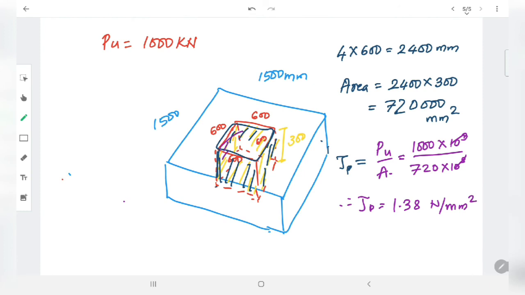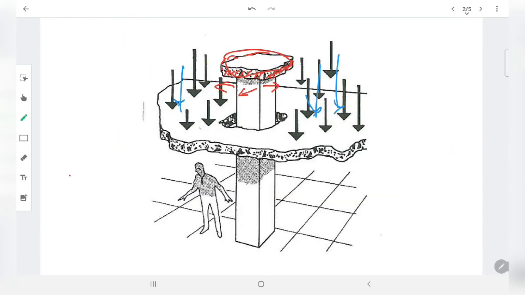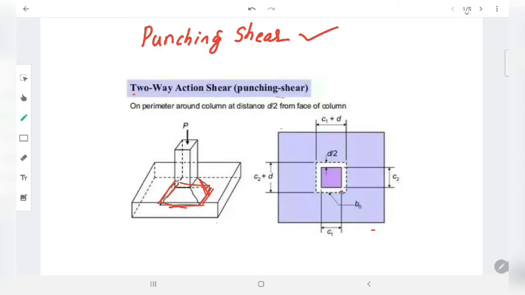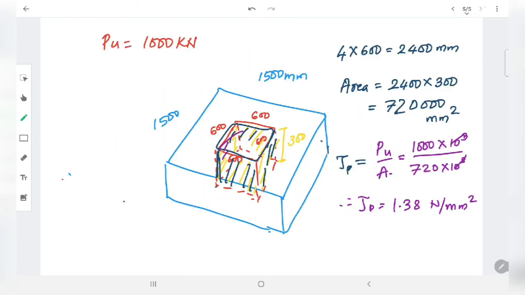Suppose shear stress acting on the cross section. Suppose the capacity of this portion, capacity means whatever the concrete you have provided, that is depth of foundation, as well as the reinforcement you have provided, these should be able to resist the punching shear.